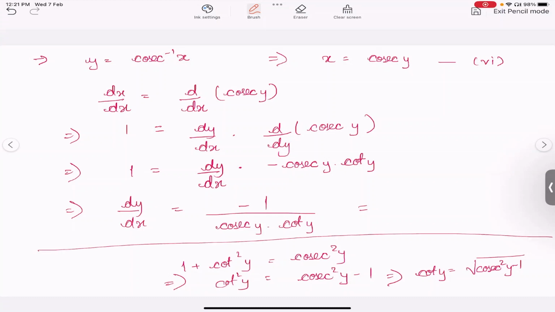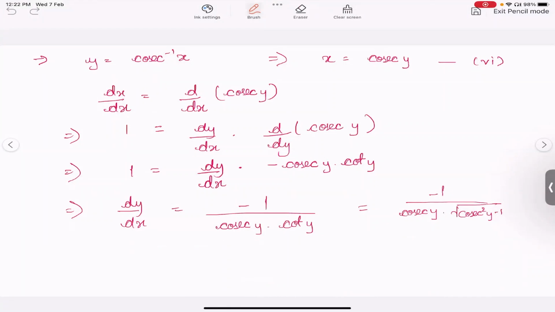So this can be written as minus 1 by cosec y times root of cosec square y minus 1, which will be equal to minus 1 by x times root of x square minus 1. So this is our derivative with respect to x.